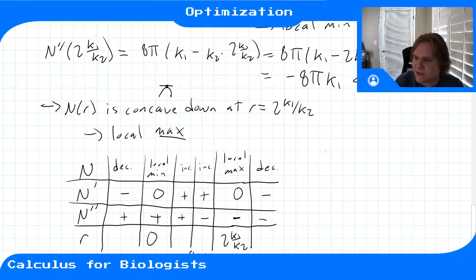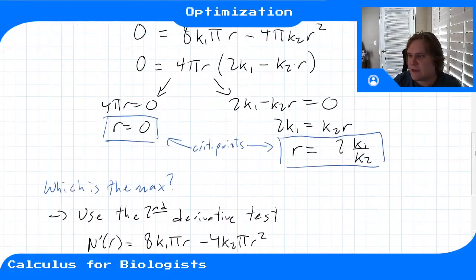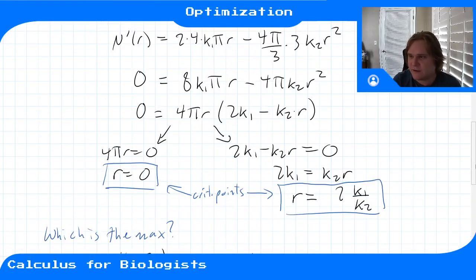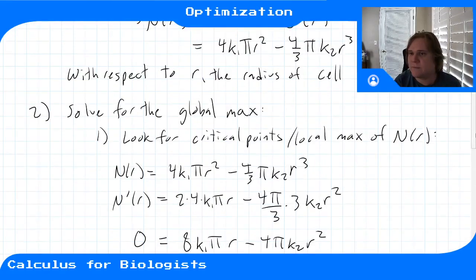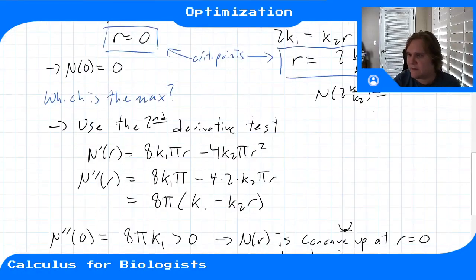Okay, so our function is going to look like this for r versus n. So when r is 0, n is also 0. This is n of r. Every term here has r in it, so if I look at n of 0, it's also 0. If I look at n of 2k1 over k2, it's some complicated number, but it's certainly not going to be 0.